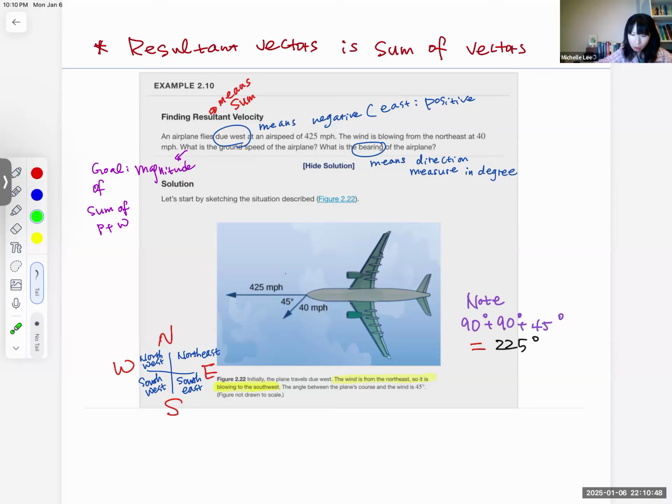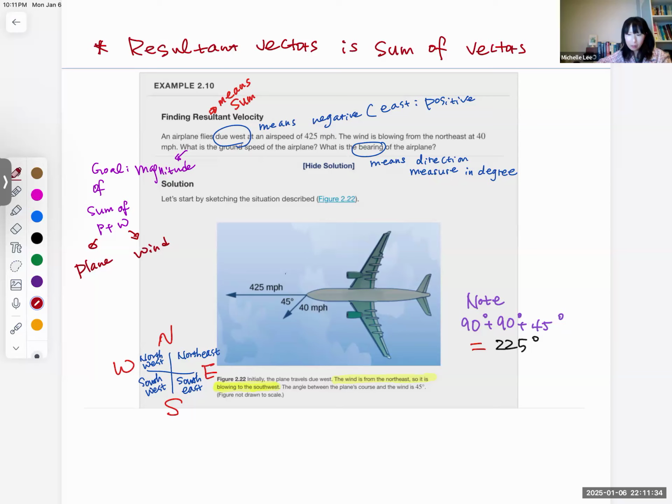Okay. Now, what is the ground speed of the airplane? It means that we have to find the magnitude of the sum of the airplane and the wind vectors.